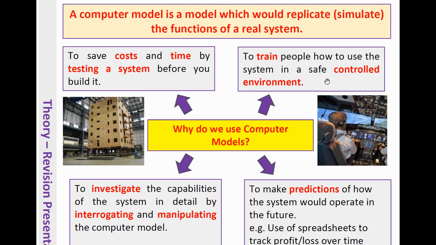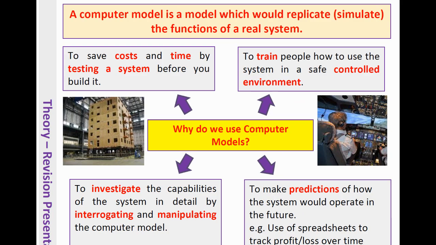So what we can do is we can create a flight simulator and we can train pilots in the different scenarios, maybe flying through turbulence or through different conditions, taking off and landing, again in different conditions, and it's all in a safe environment. So a mistake can be made, and it's not going to cost someone's life or cause a great deal of damage.